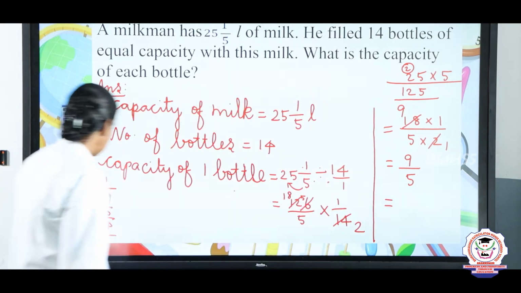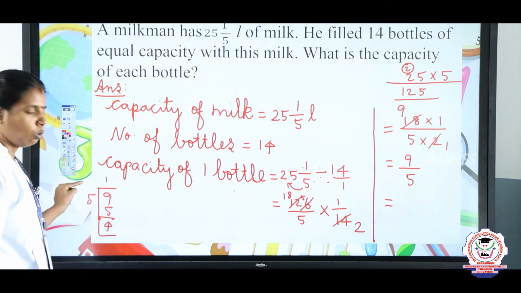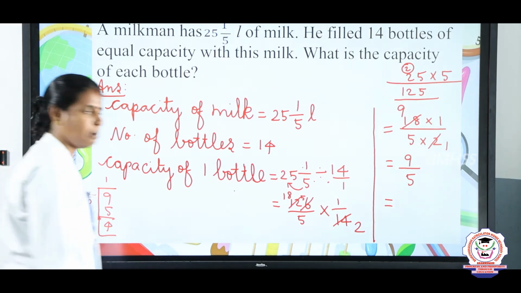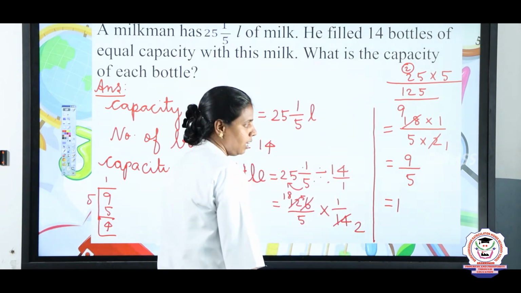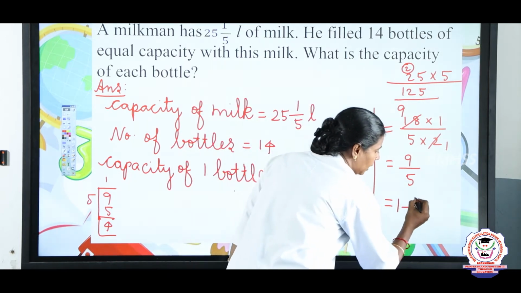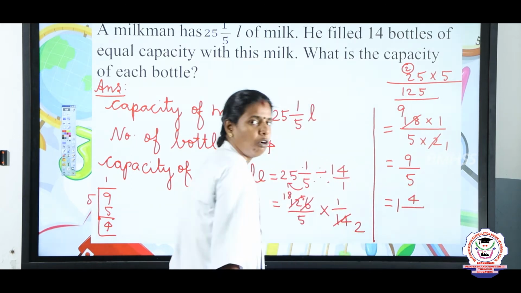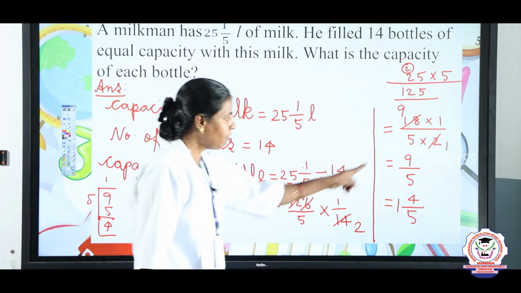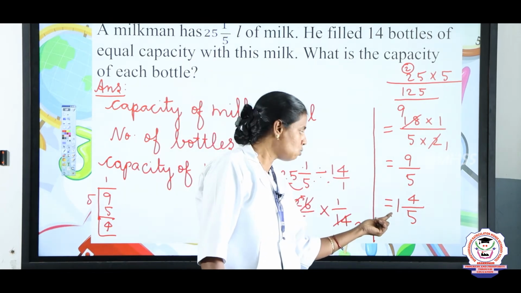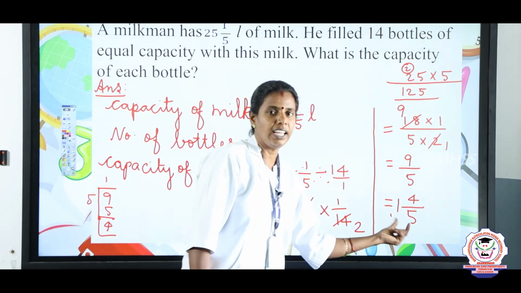So what is the quotient? 1 is the quotient and 4 is the remainder. So in the whole number place the quotient is 1, in the numerator part the remainder is 4, and the divisor will be 5. So 9 by 5 we can write as 1 4 by 5. Is it clear?